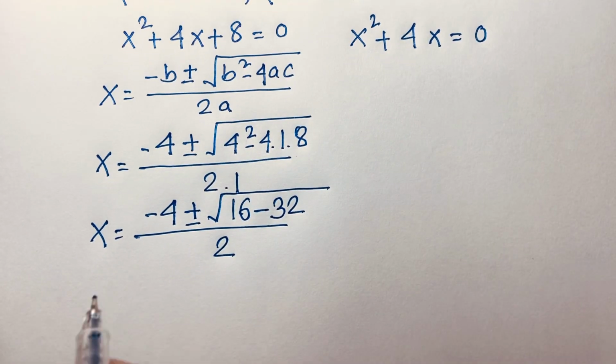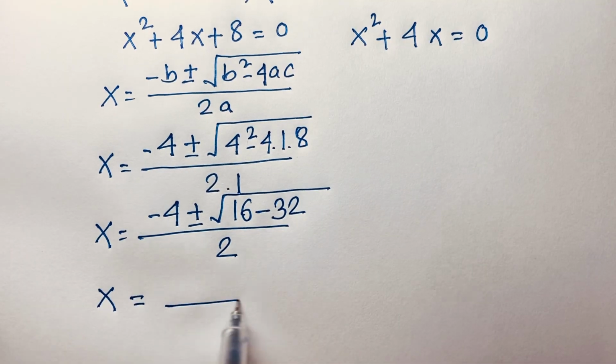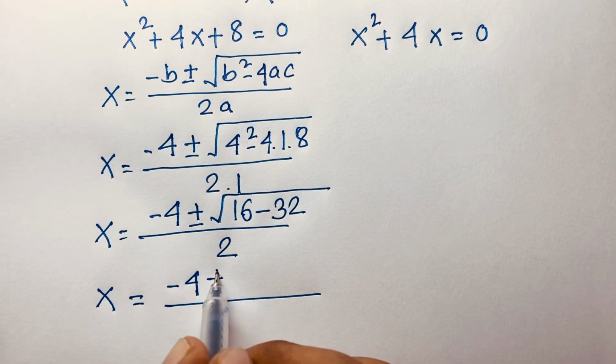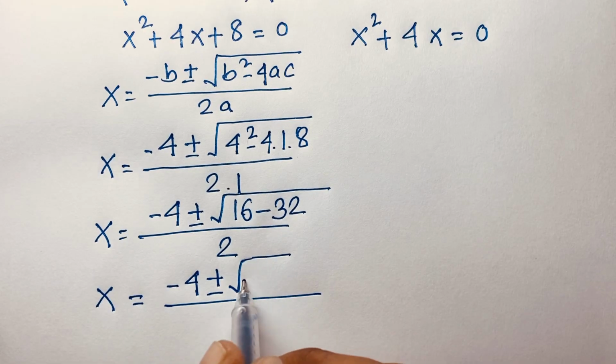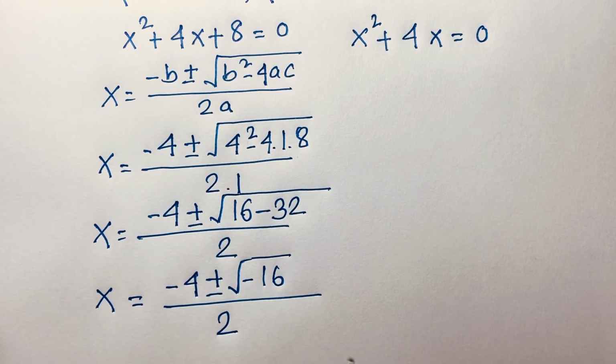Now x = -4 ± sqrt(16 - 32) over 2. Then you can say x = -4 ± sqrt(-16) over 2.